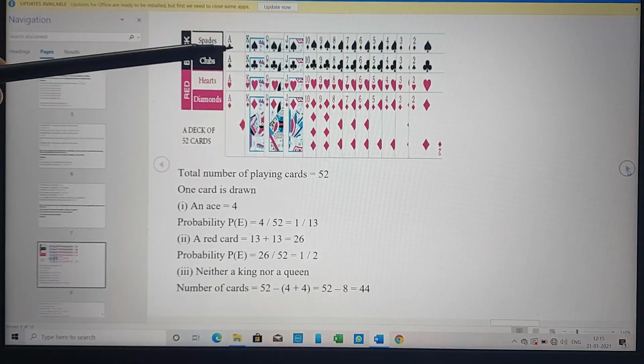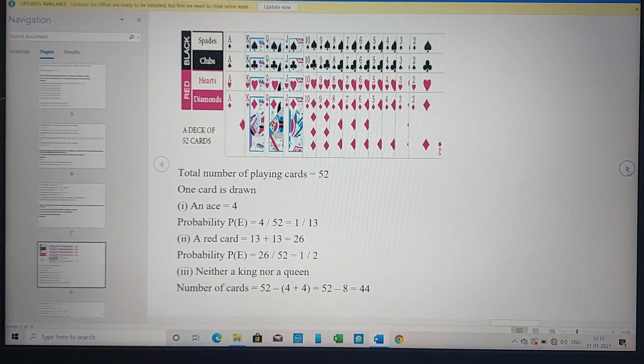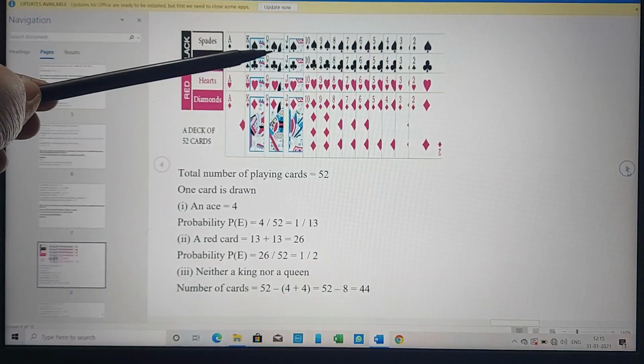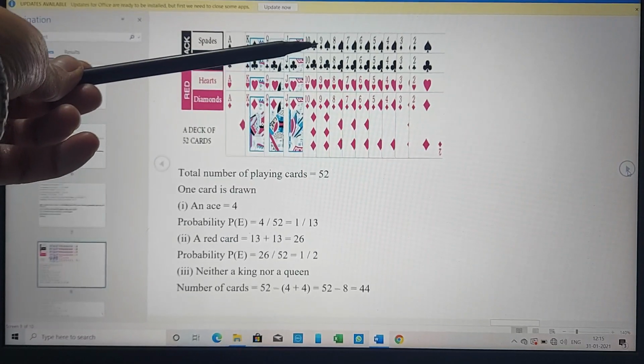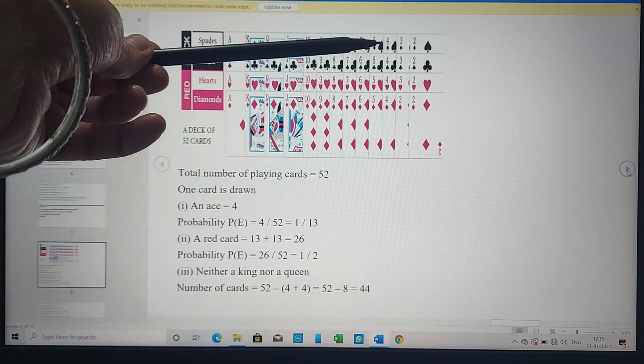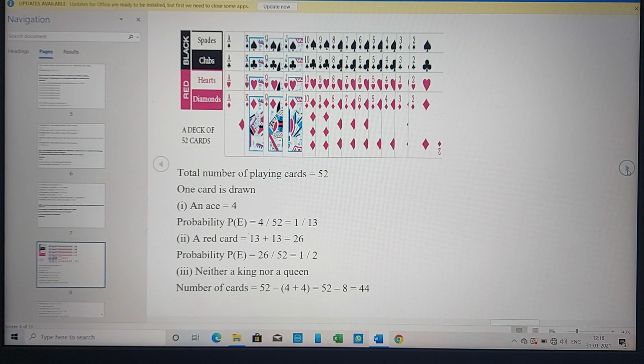Ace, then followed by king, followed by queen, followed by jack. Okay. Ace, king, queen, jack. And after that we have numbered cards. Numbered cards are 10, 9, 8, 7, 6, 5, 4, 3, 2. Okay, clear? So this way we have total 13 cards for a spade.